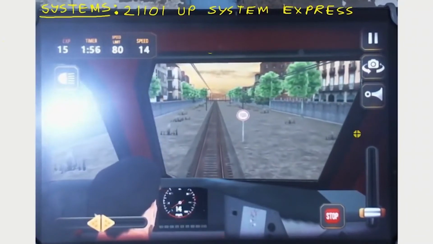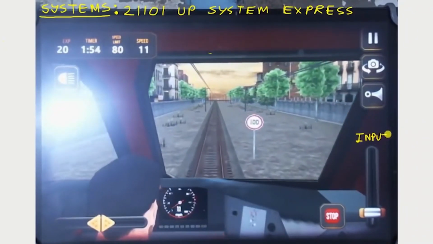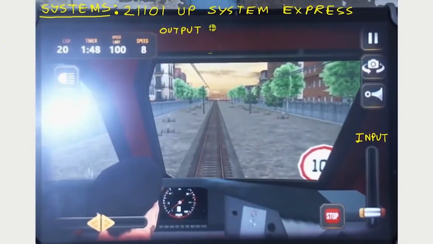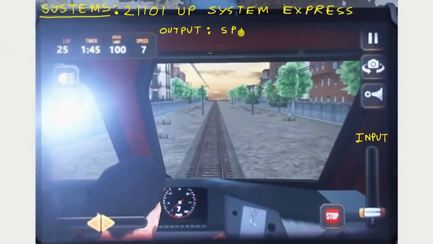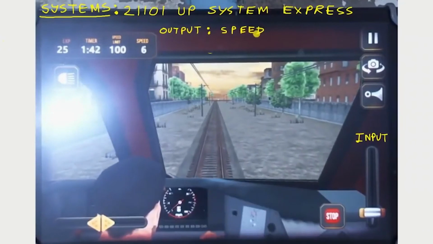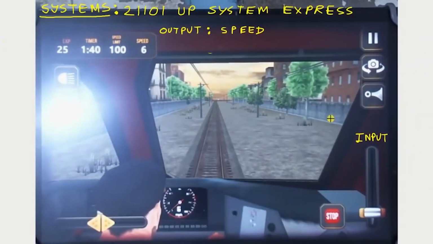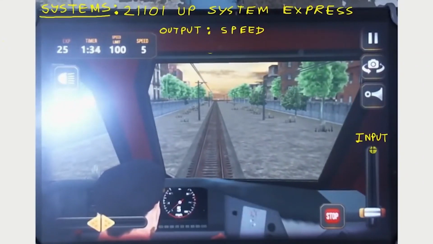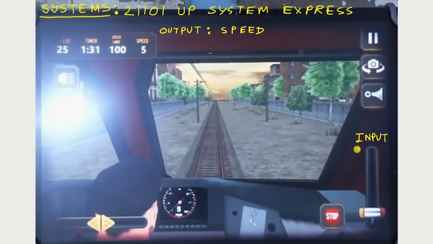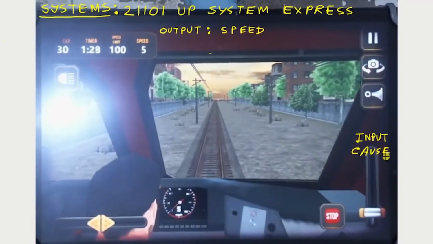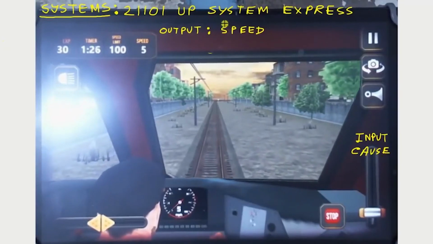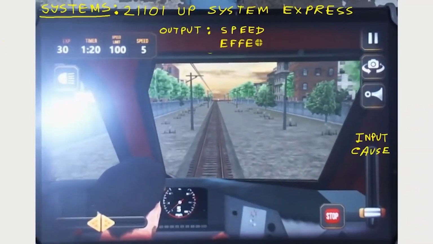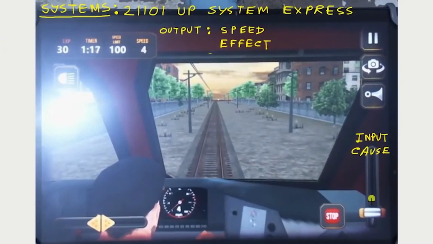So this is the input to my train, and the output from my train is the speed. In other words, the change of position of this lever is the cause of speed change, and change of speed is the effect of varying the position of this lever.